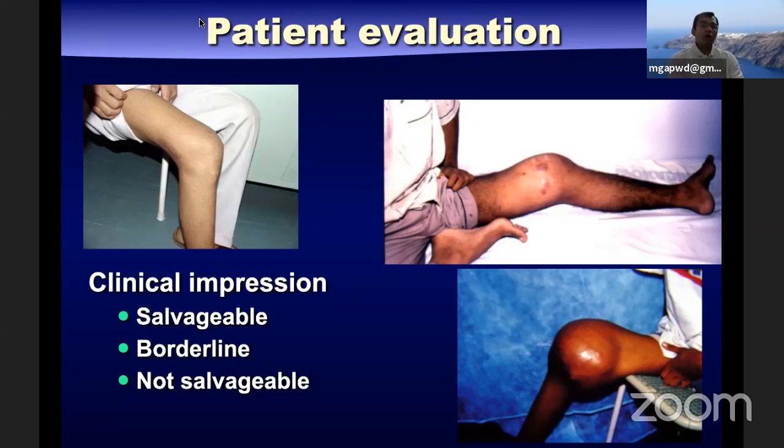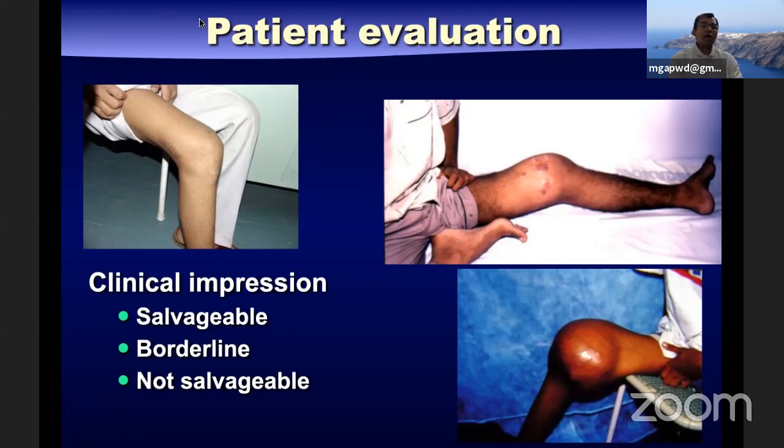This is sometimes important because there are people who come with very big disease and with pathological fractures, who are in extreme pain and may require upfront surgery in the form of an amputation rather than chemotherapy first followed by an amputation. But in most people, almost 90% of osteosarcoma cases, our final decision whether we'll do a limb saving surgery or not will be made only after we have started the chemotherapy.